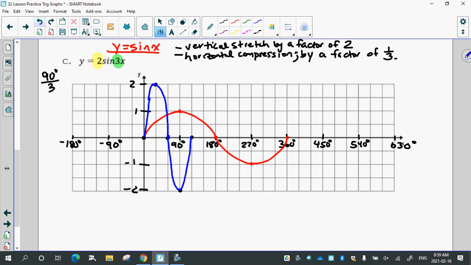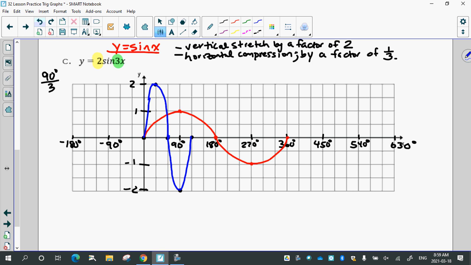There we go. There's one cycle. And then make sure your words agree with your picture. Does it look vertically stretched compared to the red one, by a factor of 2, so doubled in height? Yes. And does it look horizontally compressed by a third? Yes. Okay, so it makes sense.